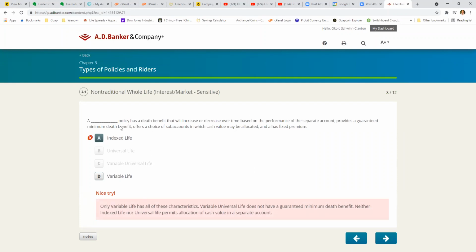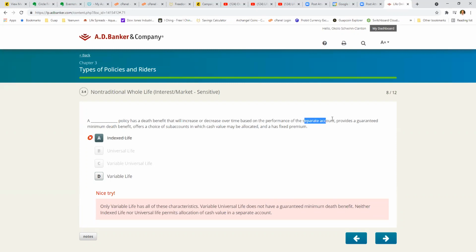Okay, so now let's look at it. A variable life policy has a death benefit that will increase or decrease over time based on the performance of the separate account, which is the variable account, which it is tied to, which it is invested in.